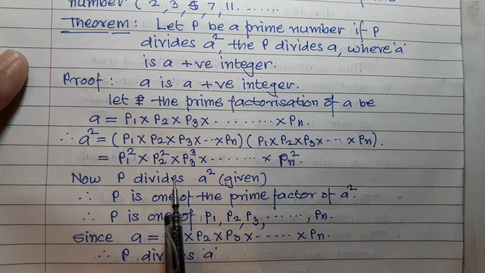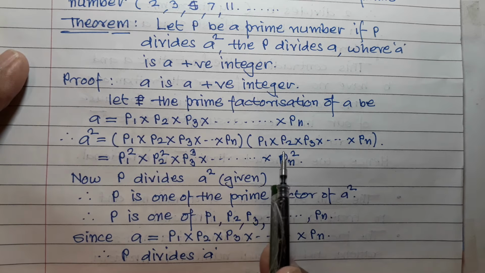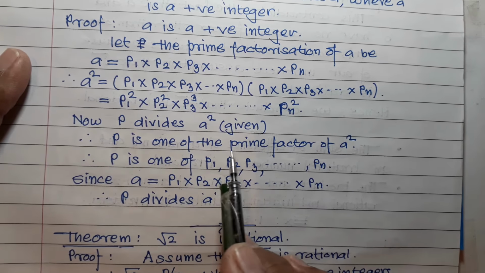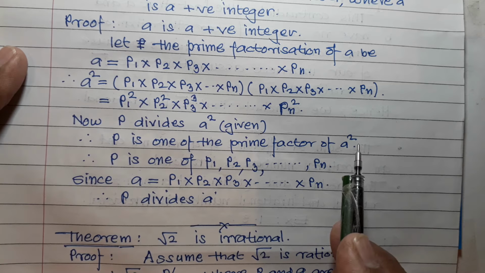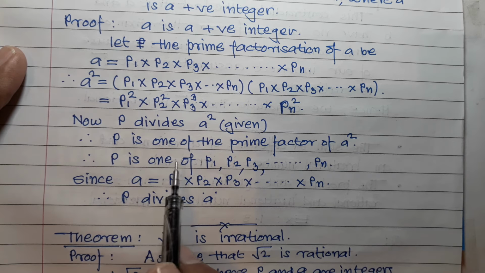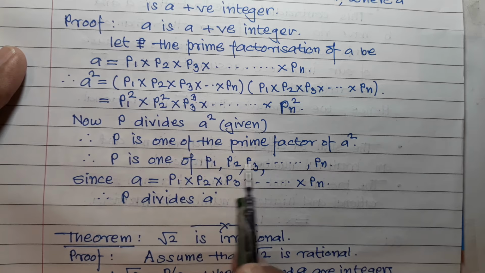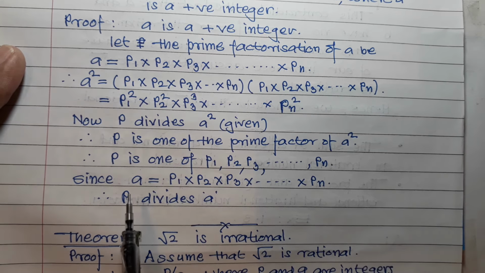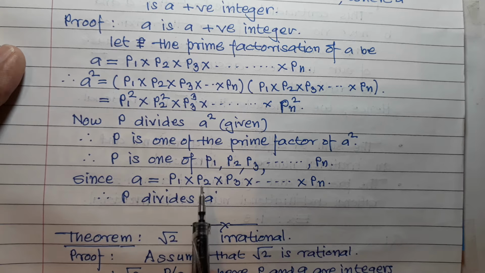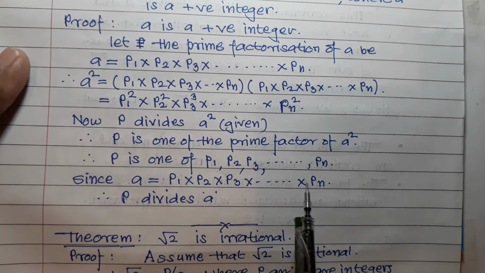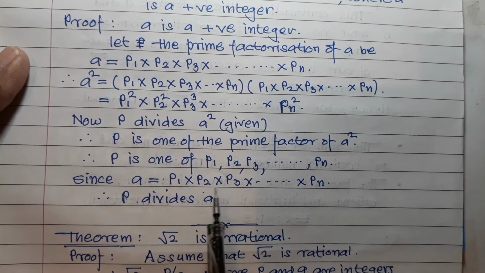Now p divides a square, given, and therefore p is one of the prime factors of a square, and therefore p is one of p1, p2, p3 or pn. Since a is equal to p1 into p2 into p3 into dot dot dot pn, therefore p divides a.